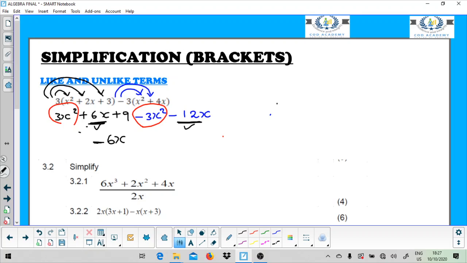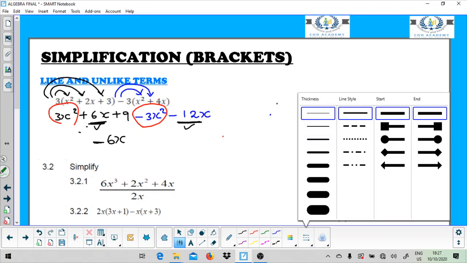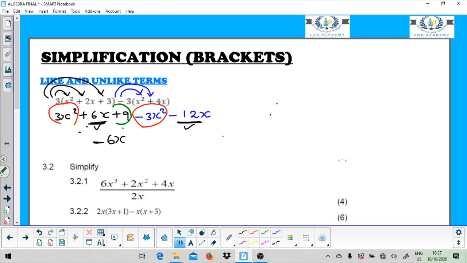So the answer will be 6x there. I'm done with the things with x, and as you are noticing, that 9 is the remaining thing there. So I just have to take this 9 as it is. So I'll just say plus 9. So this is how we simplify things with brackets. This will be the final answer after you simplify. You will quickly get minus 6x plus 9.